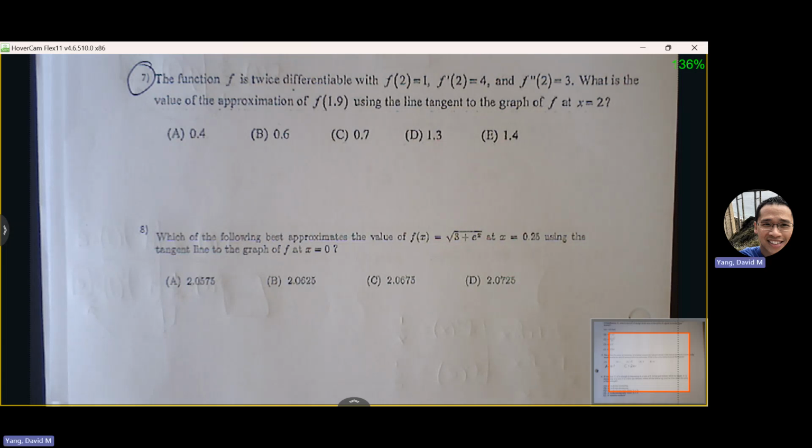Find your order pair, find your slope, build your point slope equation. And at the very end, you can plug that decimal in.